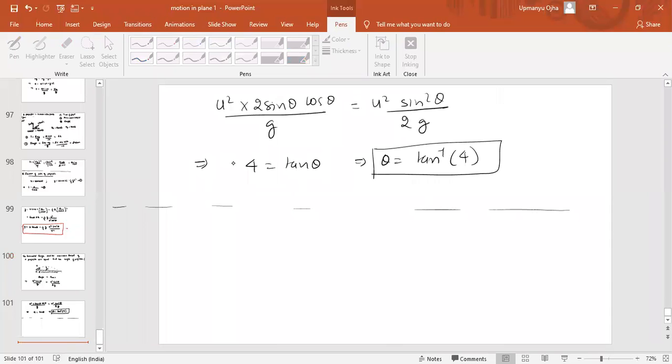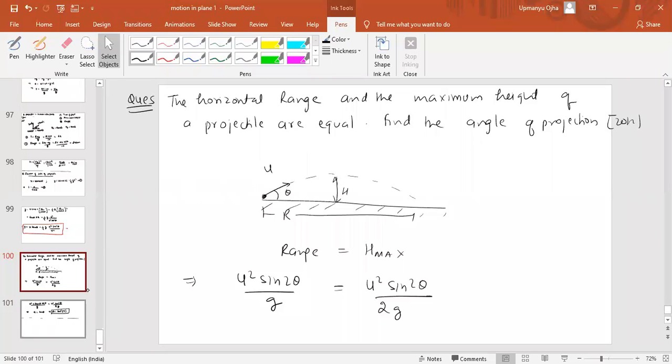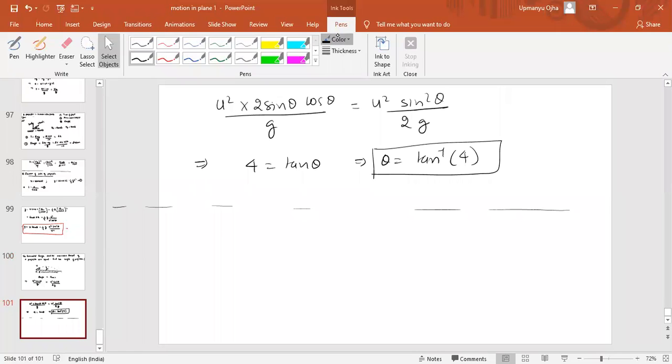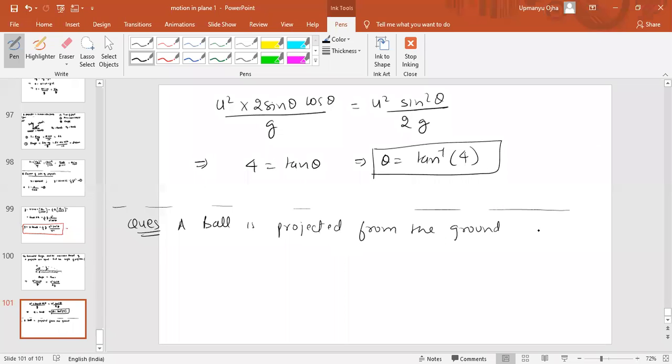Now next is: a ball is projected from the ground with the speed u, which is fixed.